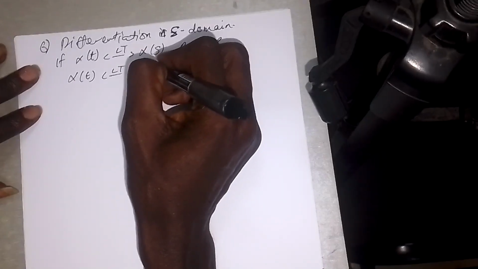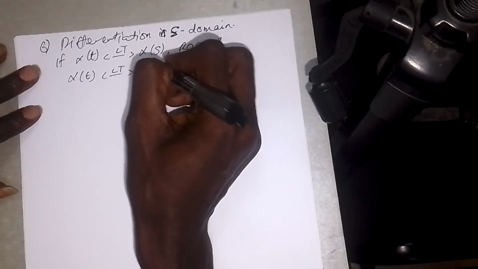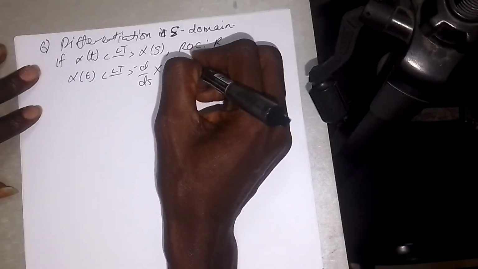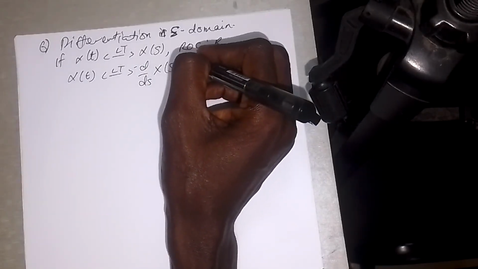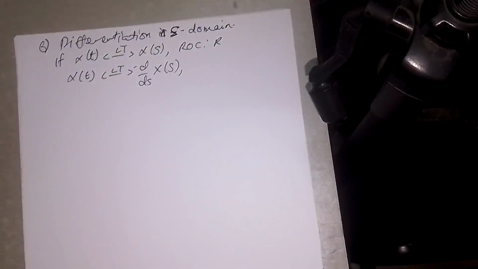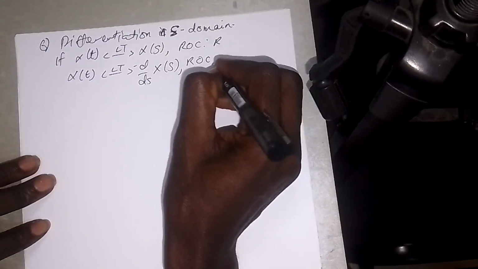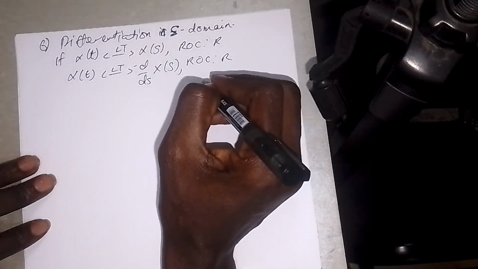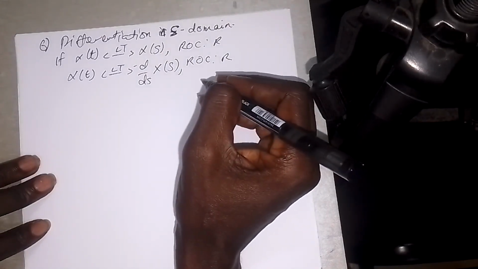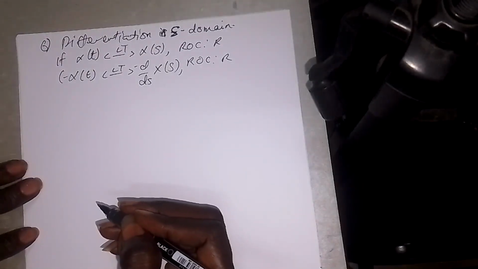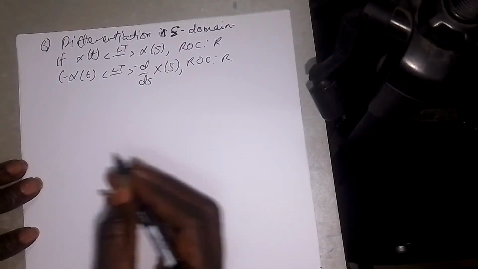So differentiation in S domain, x of s, and it will have an ROC which is also R. So here, basically, it is minus.